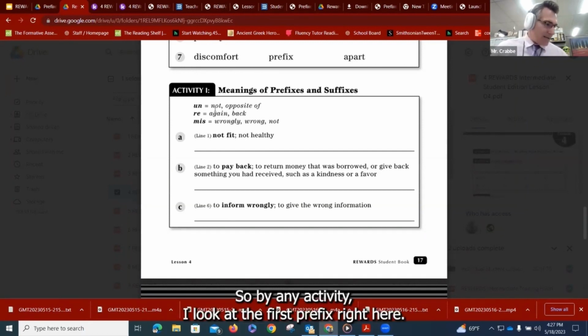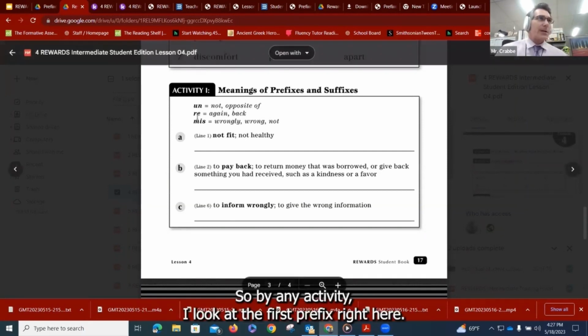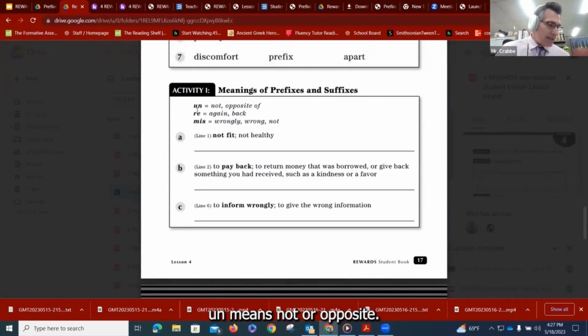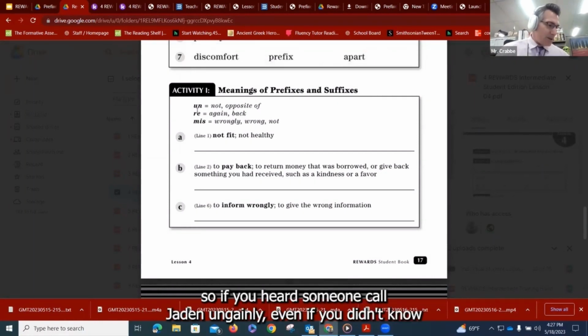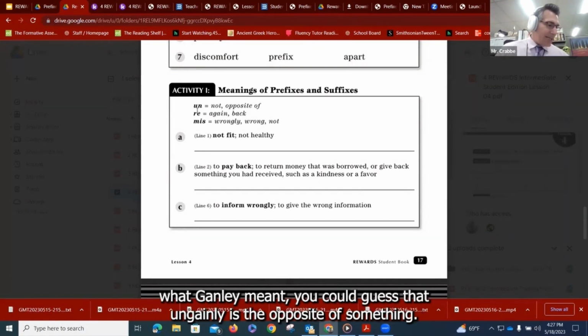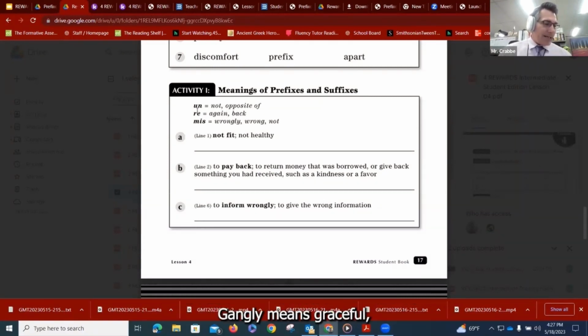So find activity I, look at the first prefix right here. Un means not or opposite. So if you heard someone call Jaden ungainly, even if you didn't know what gainly meant, you could guess that ungainly is the opposite of something. Gainly means graceful.